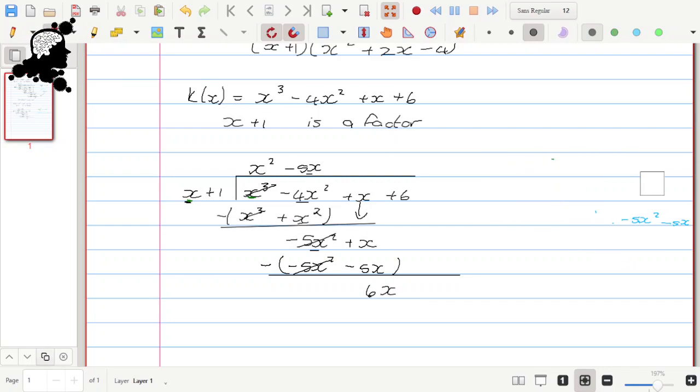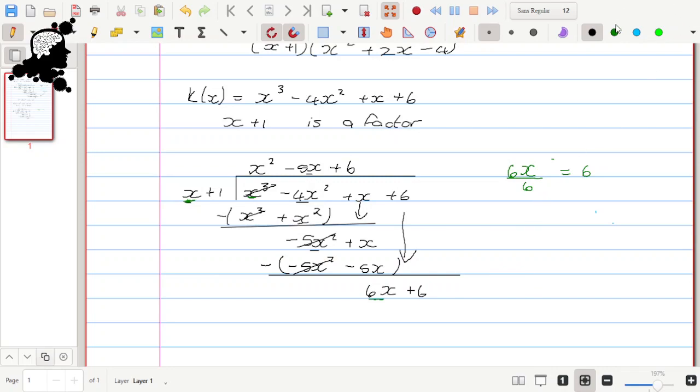Once we have the positive 6x, we just repeat the cycle. We take the 6x and divide it by the first term in our factor. So 6x divided by x is going to give us positive 6. We put the positive 6 right up there. Sorry, I forgot again to bring down the positive 6 there.